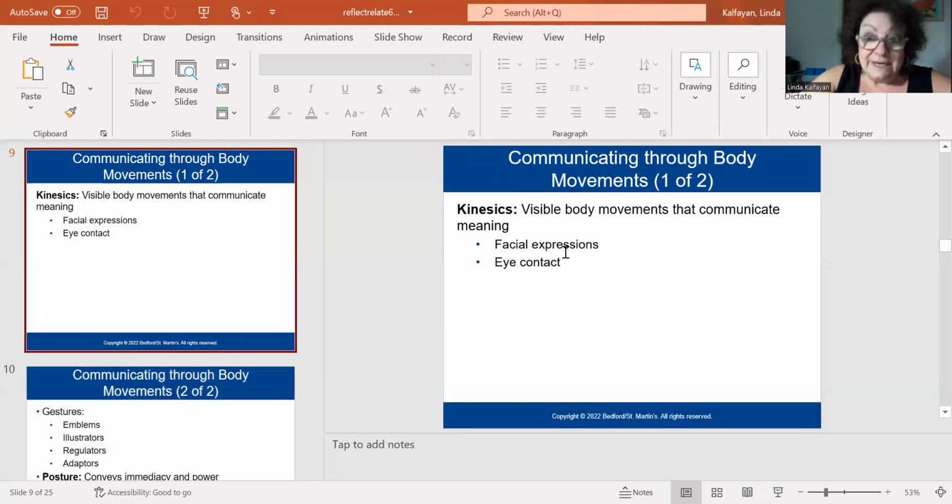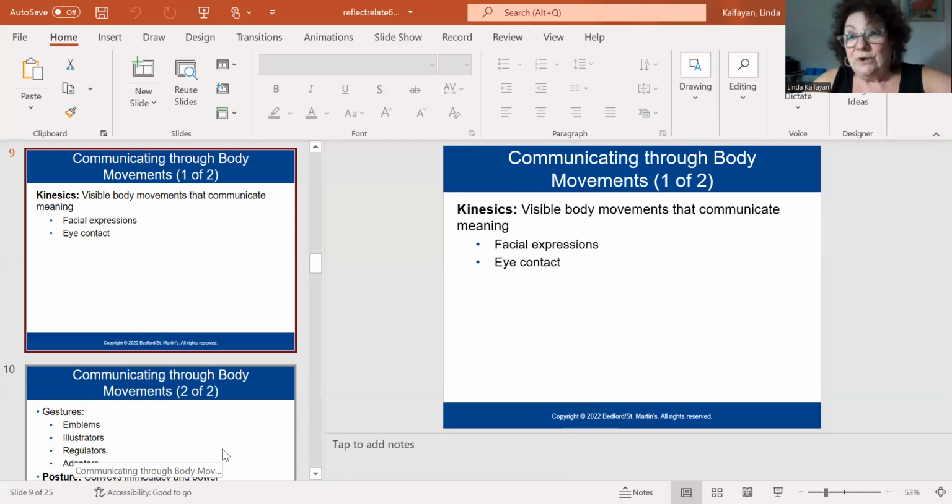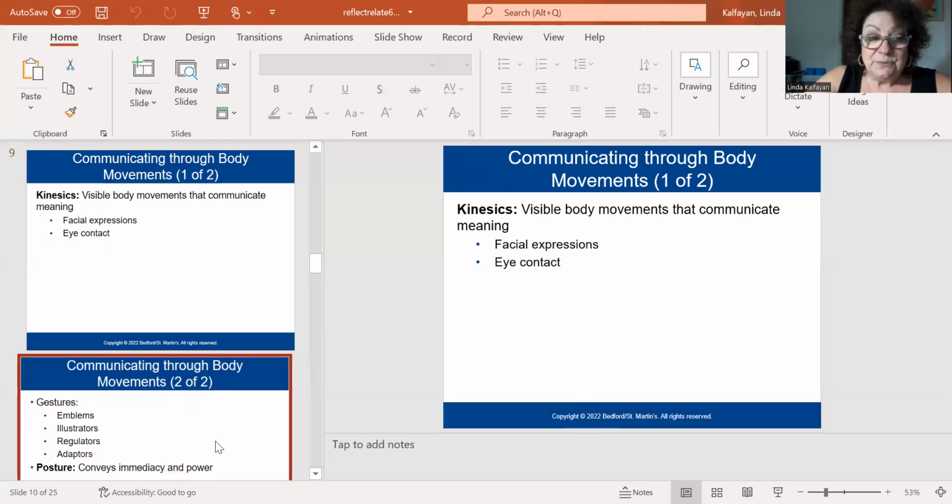I think they may be using the handshake. I don't know. I'm hesitant right now, but I think they have, and they probably will go back to it. So you need to know that visible body movements is called kinesics. And the study of kinesics is called kinesiology, which is wonderful.